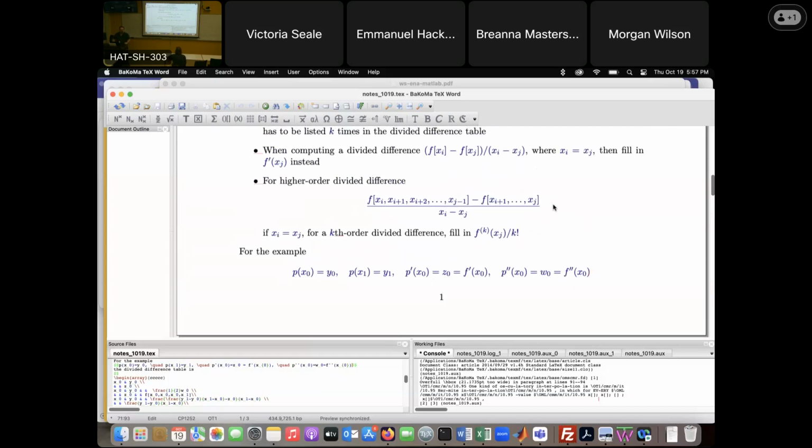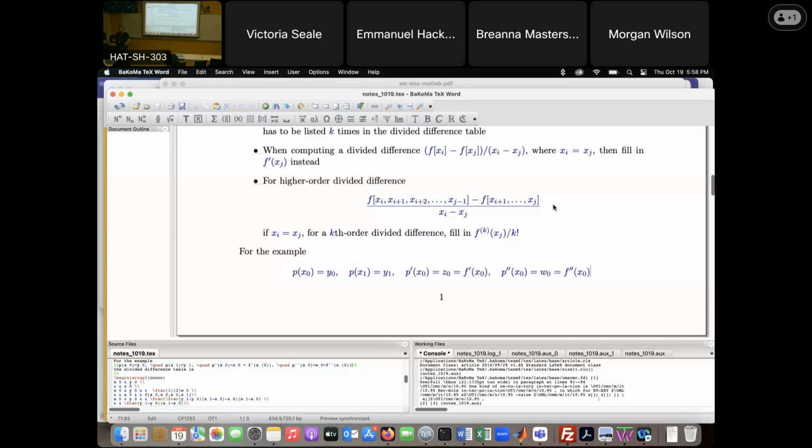What is the reason behind the k factorial? This relates to a theorem I mentioned last time, where a kth order divided difference, even in the case of distinct x values, is equal to the kth derivative at an unknown point over k factorial. So it's consistent with that result.